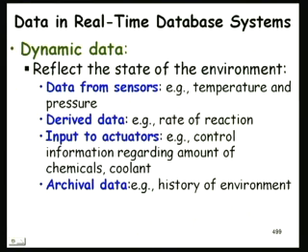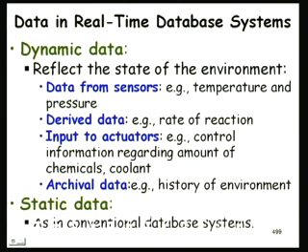So, as the temporal data becomes obsolete, these are reduced to archival data, which are how the environment of the system has evolved over time. And then we have static data, which are stored as in a conventional database. These do not change.